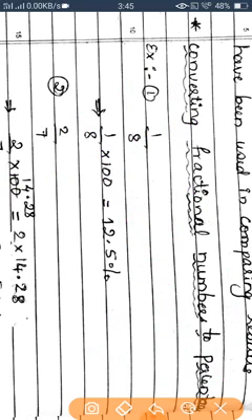So 1 by 8 into 100. How can you do it? 1 into 100 is 100, then 100 by 8.